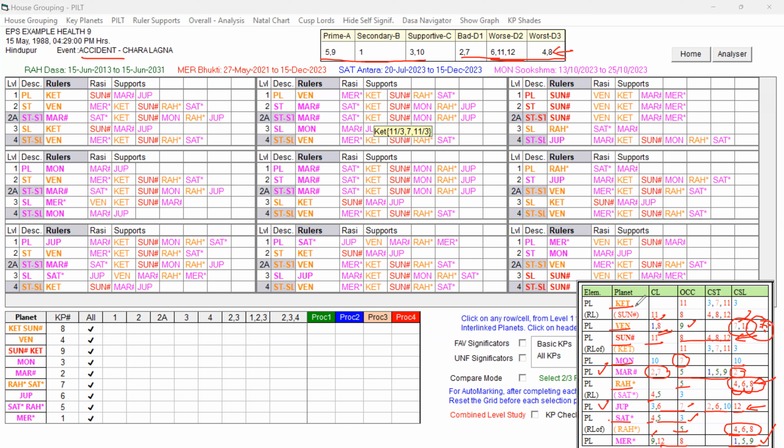Then comes Ketu. Ketu is occupying 11th house, 3, 7, 11 star lord and 3rd cuspal sublord. It represents Sun, which is weak, but on its own Ketu is occupying Badhaga and is 3rd star lord and 3rd sublord. This is good. It is not detrimental, but it is indicating some weakness.